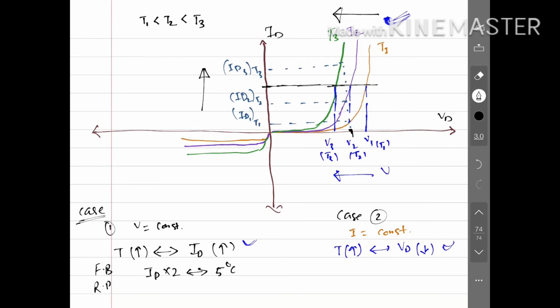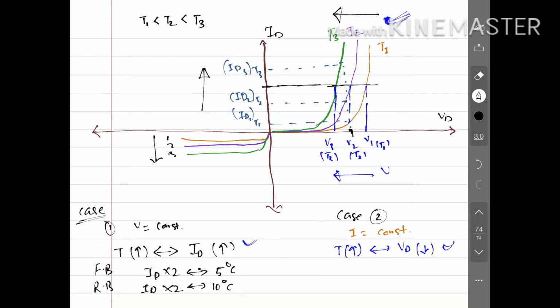Similarly, in reverse bias your current also increases, as you can see for T1, T2 and T3. In reverse bias, as you increase the temperature, current becomes double at every 10 degrees centigrade, not 5. Similarly for case 2, so this is for the current.